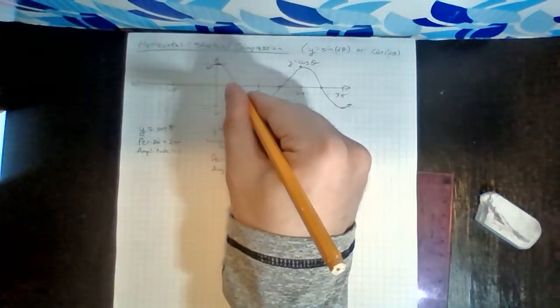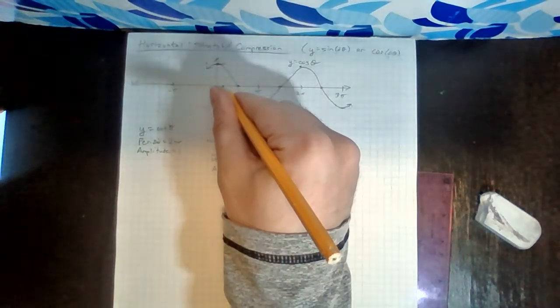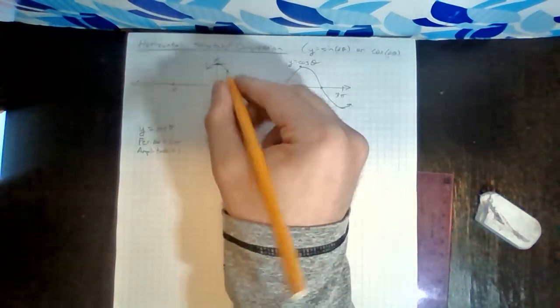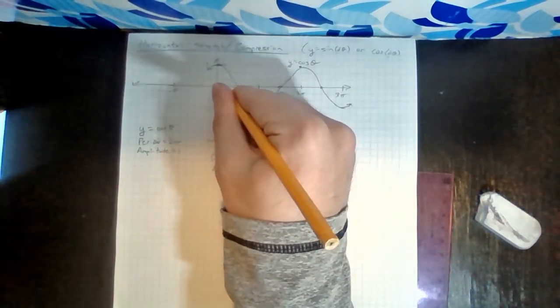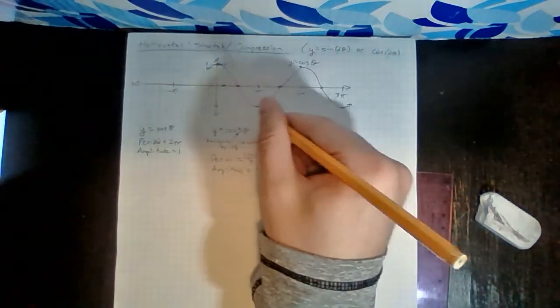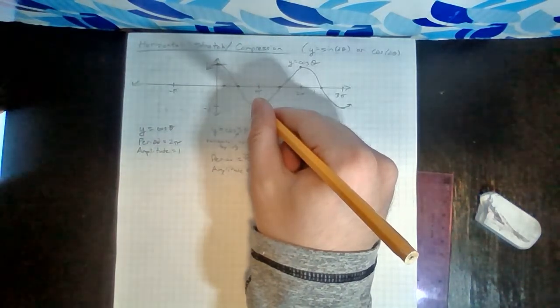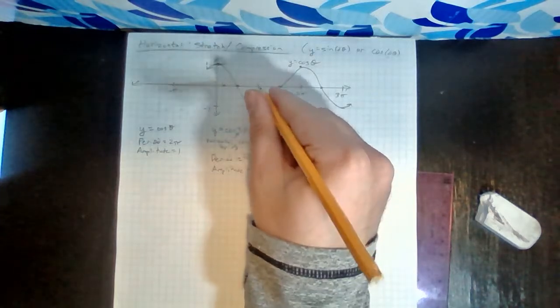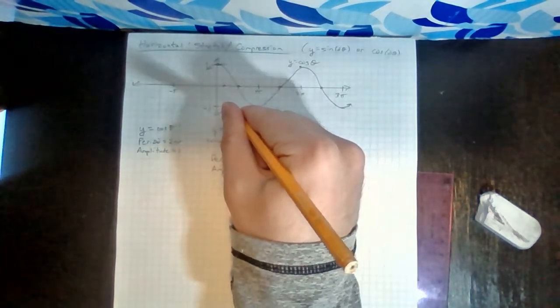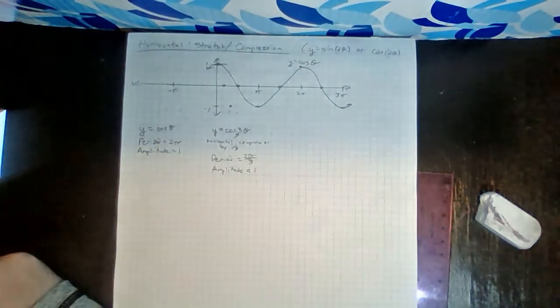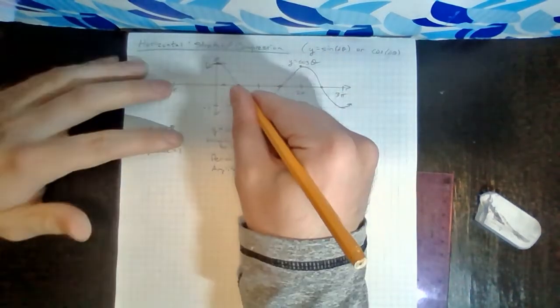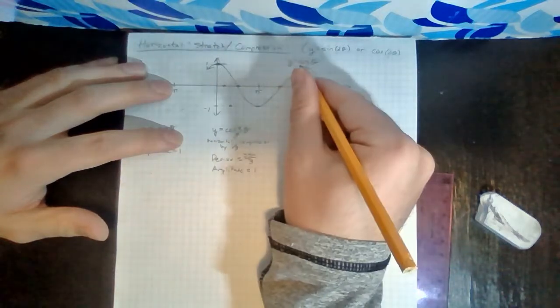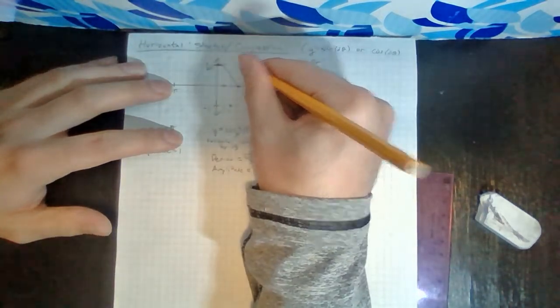So it's still going to go through this point here, but now this point that was 1, 2, 3 units away, 3 pi over 6 or pi over 2 away, now is going to be at pi over 6. This that was 6 units away, 6 pi over 6 or pi units away, now is going to be pi over 3, or 2 of these pi over 6. 9 units away, now is going to be 3 units away. 12 units away is now going to be 4 units away.